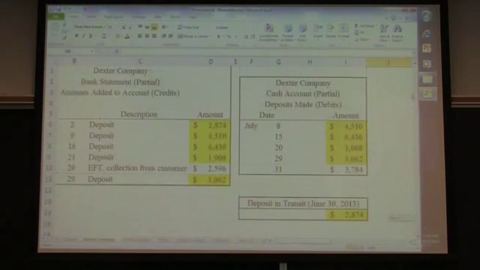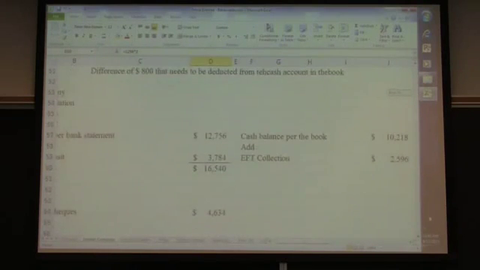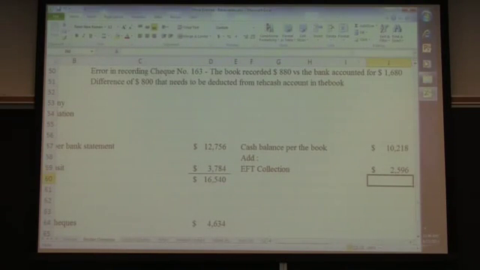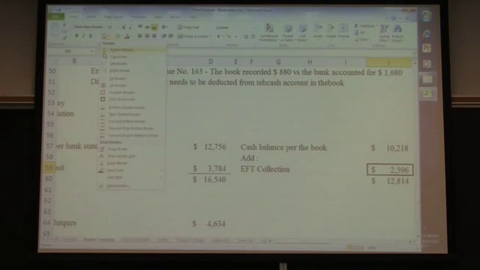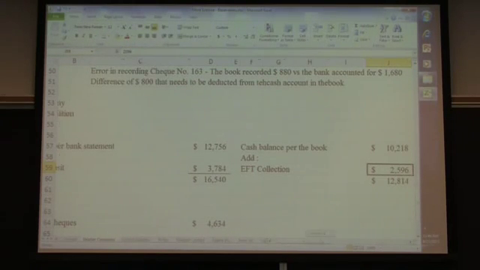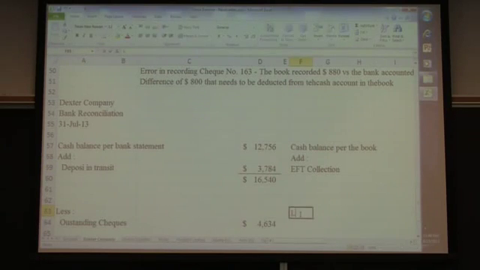Again, that's given to us earlier here. So once you add it, the cash balance in the book should be 12,814.